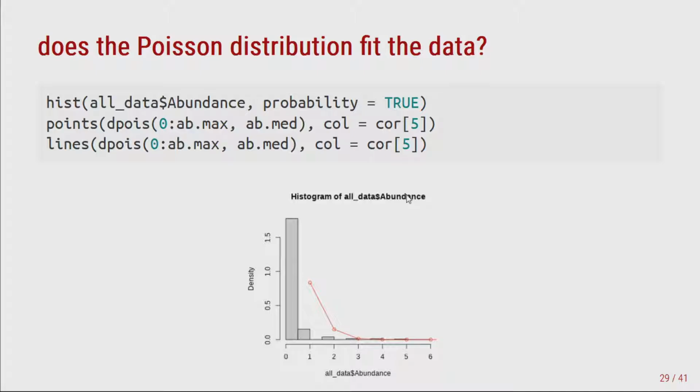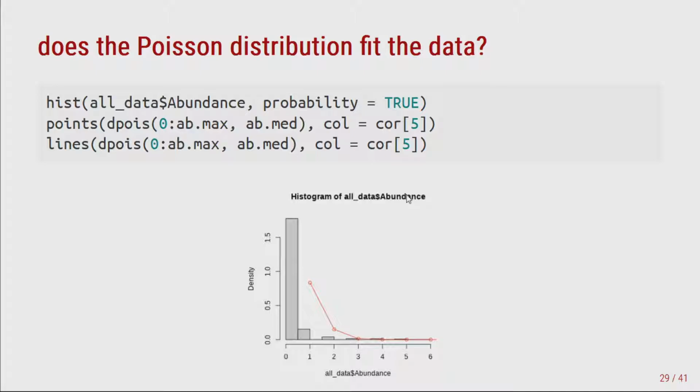And the way I create a density distribution in R is using the dpois function. We have functions in base R for the most common distributions. It will always be d and pois, so d stands for density and pois for the Poisson distribution.